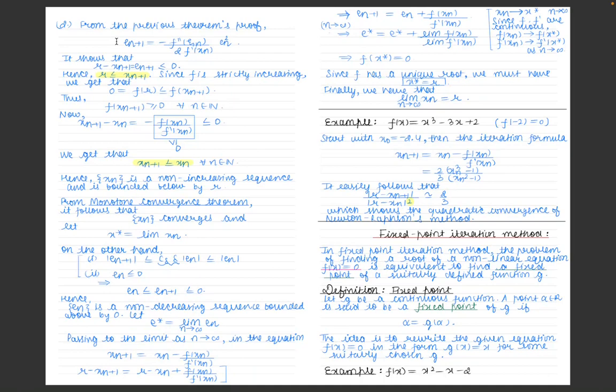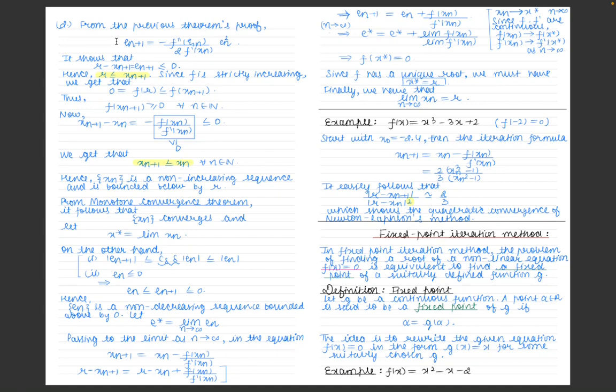So hence, this was r minus x n plus 1. So r is less than or equal to x n plus 1. And since f is strictly increasing, we get that f of r is less than or equal to f of x n plus 1.